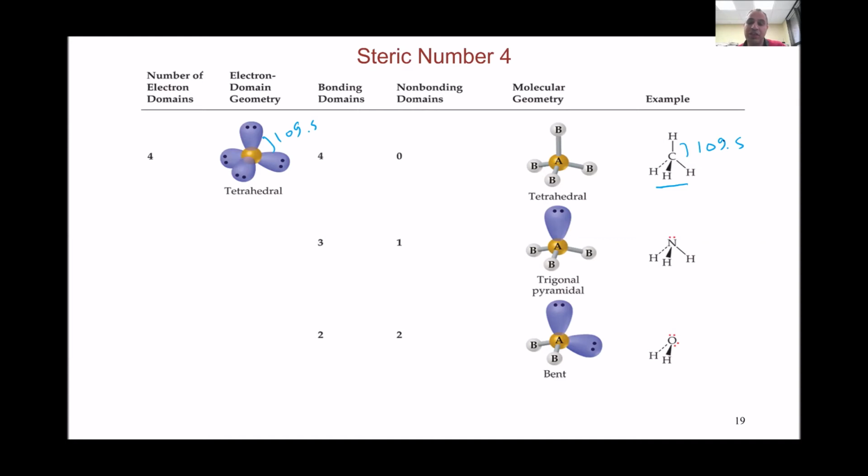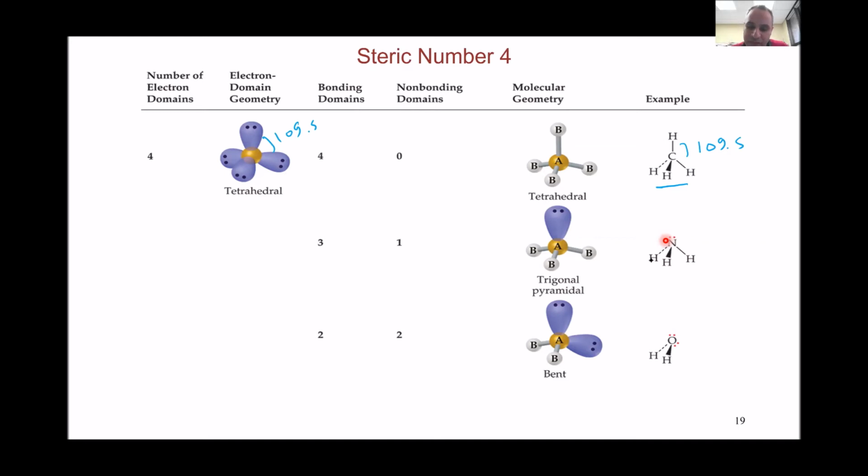But if the central atom is only using 3 domains in bonding and a lone pair, in this case the shape is going to be determined by the atoms only. Lone pairs are not going to contribute to the shape. In this case, the shape is going to be a trigonal pyramidal shape, with one of the positions in the tetrahedral occupied by the lone pair.